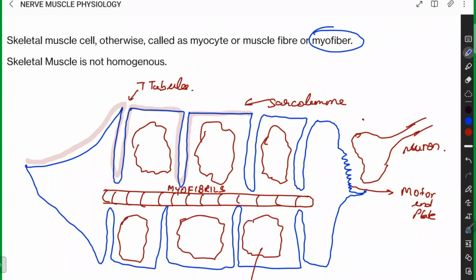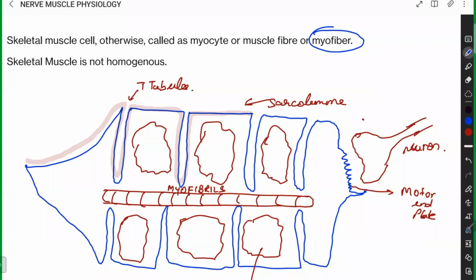On the right side end, you can see numerous foldings. On this folding point, the neuron comes and attaches, so that there is signal transmission. This place is called the motor end plate. Between your motor end plate and your neuron, you have a gap. That gap is called the neuromuscular junction.